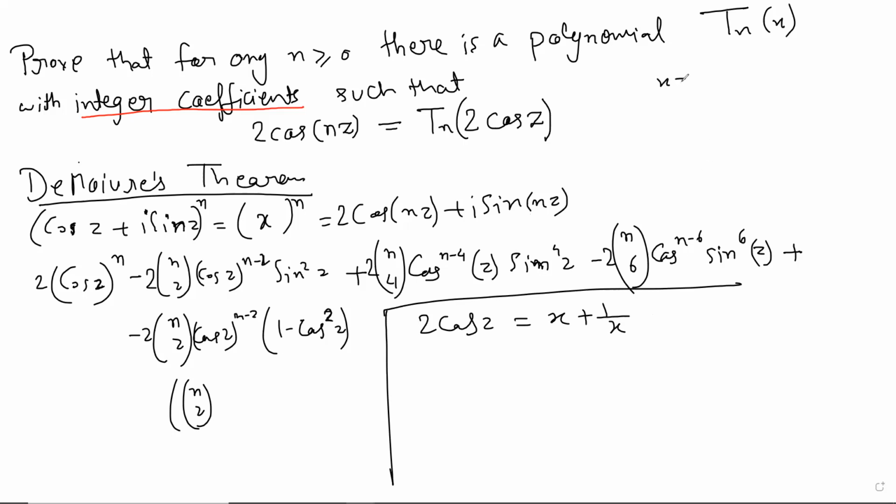Because you see, x is equal to that. Yeah, that's right. And this is a very standard thing, right? Now, how can we use this? Can you think of a way to use this?